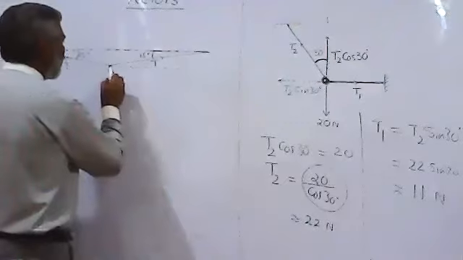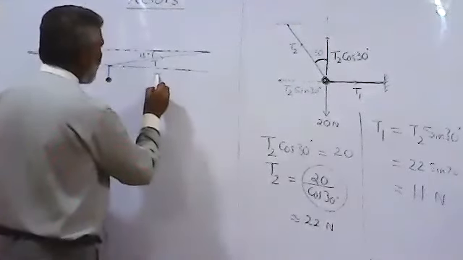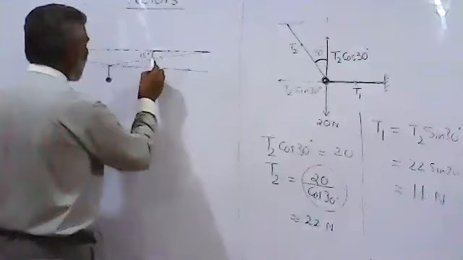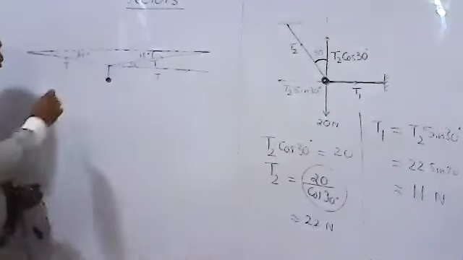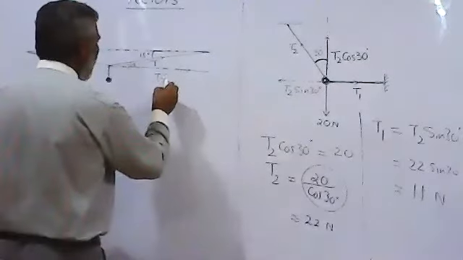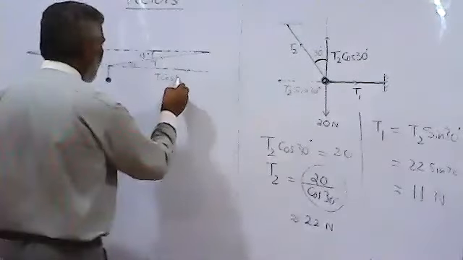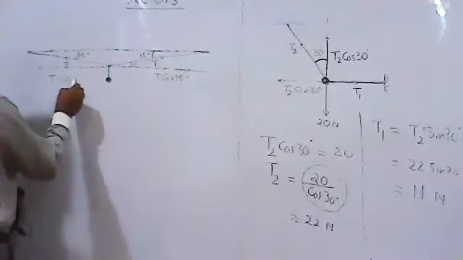I know this component will be T, because this is 15 here, so this should also be 15 here. So these are alternate angles. So T cos of 15 degrees here, and similarly T cos of 15 degrees. So the two exactly cancel each other.